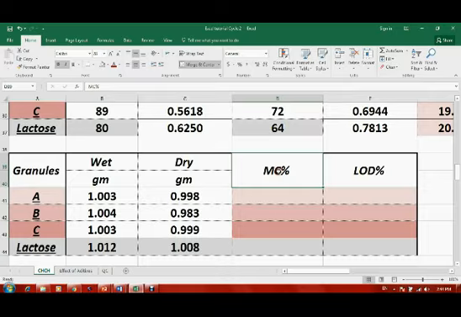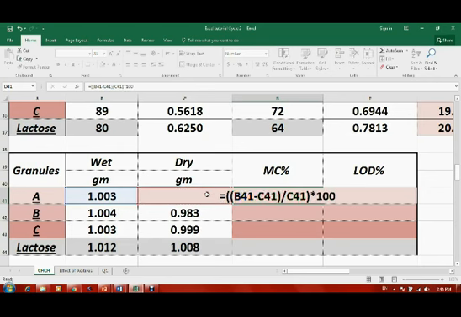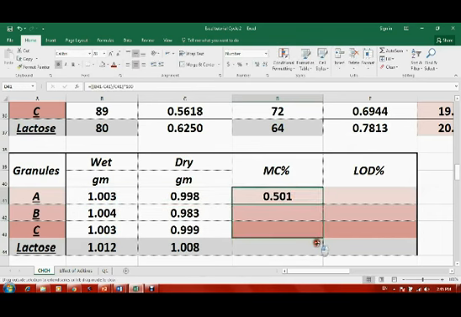Now, moisture content is equal to water weight divided by sample dry weight. Water weight is equal to wet weight minus dry weight. Then in our equation, moisture content is equal to wet weight minus dry weight divided by dry weight times 100%.